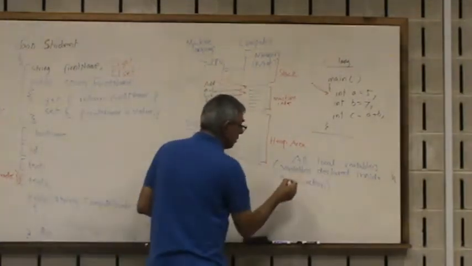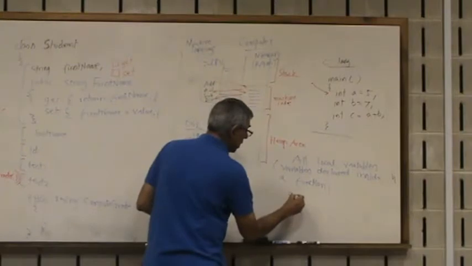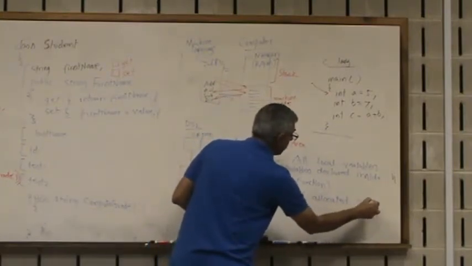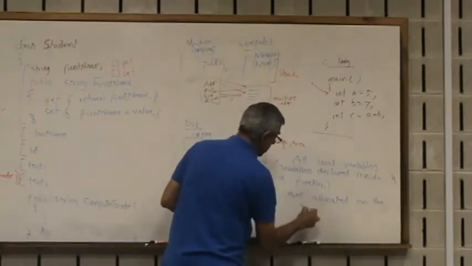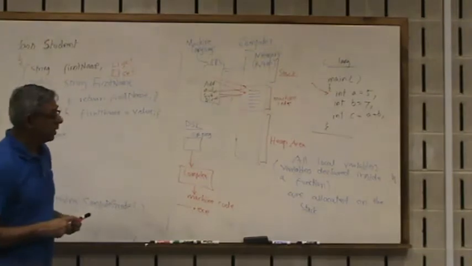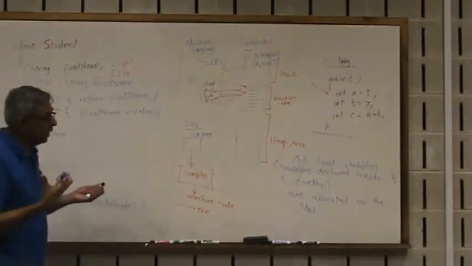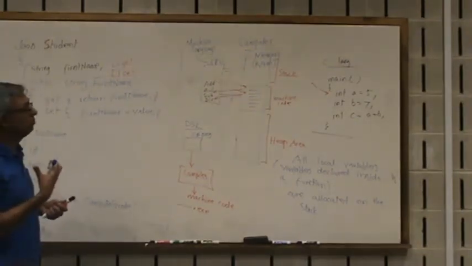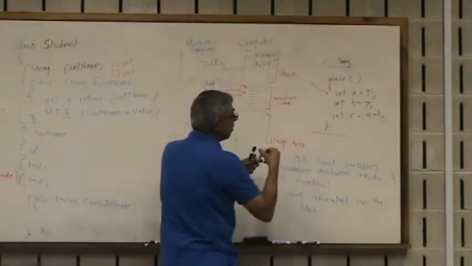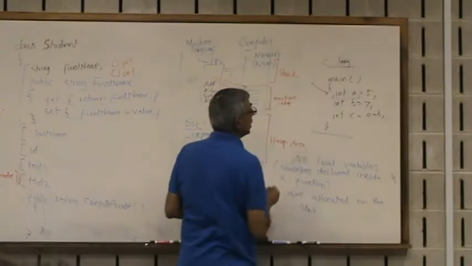The memory for these comes from the stack area. So all local variables are allocated on the stack. As the computer is executing, it will take a look at int A, for example.